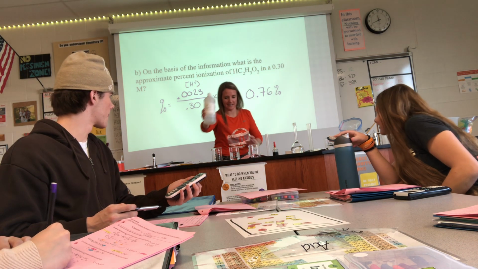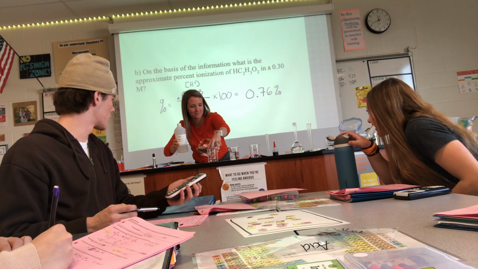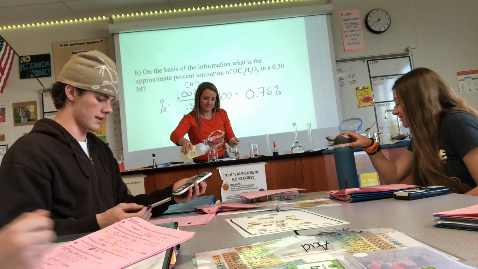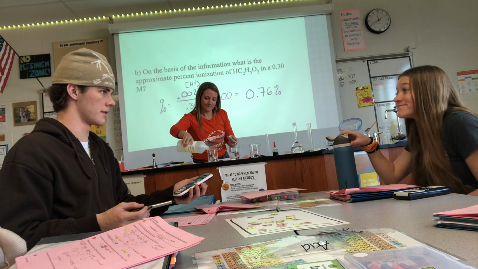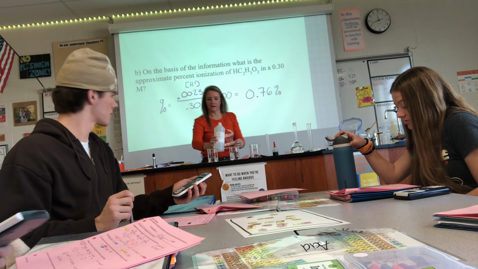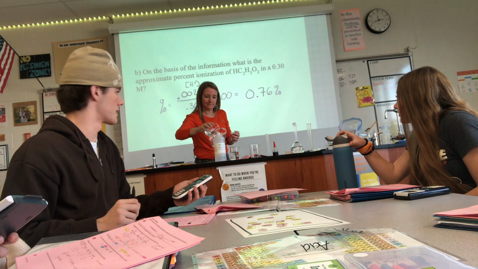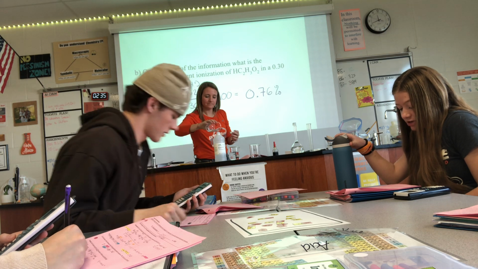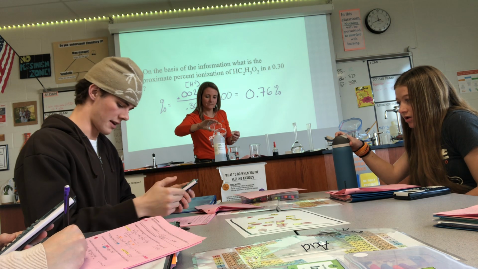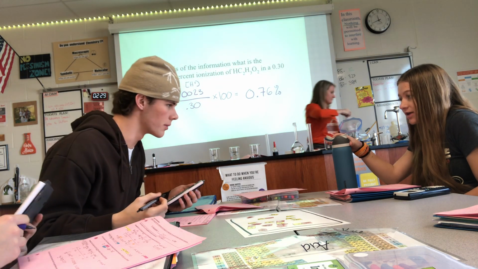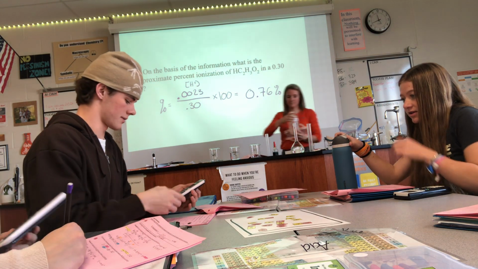Yes, NaOH. I'm not tricking anybody here. 2.68. Did you get 2.17 and then 0.027? Wait, that's actually really strong. No, it's not. Wait, no, ionization is 100 breaking off that's ionized. So it's super weak.